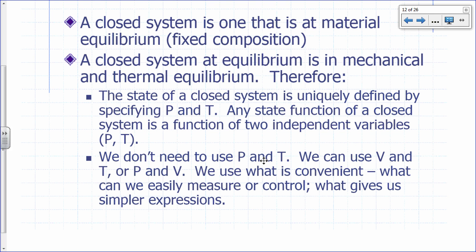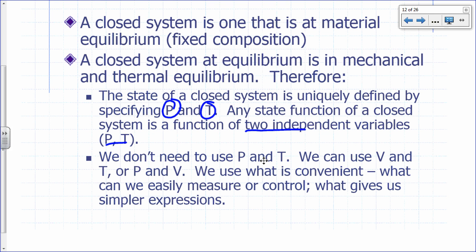So we say that the state of a closed system is uniquely defined by specifying the pressure and the temperature. So we say any state function is a function of two independent variables. To define an equilibrium closed system, you need two variables, pressure and temperature. Now, we don't have to use P and T as our independent variables.